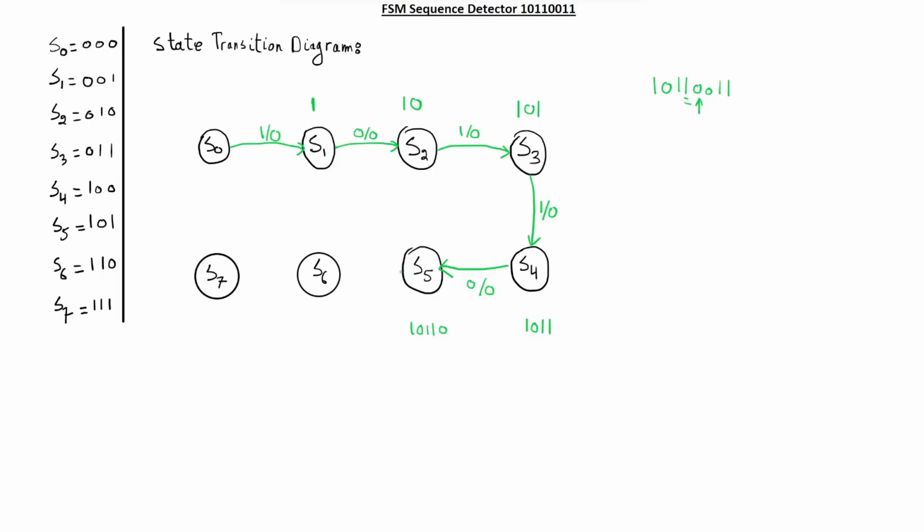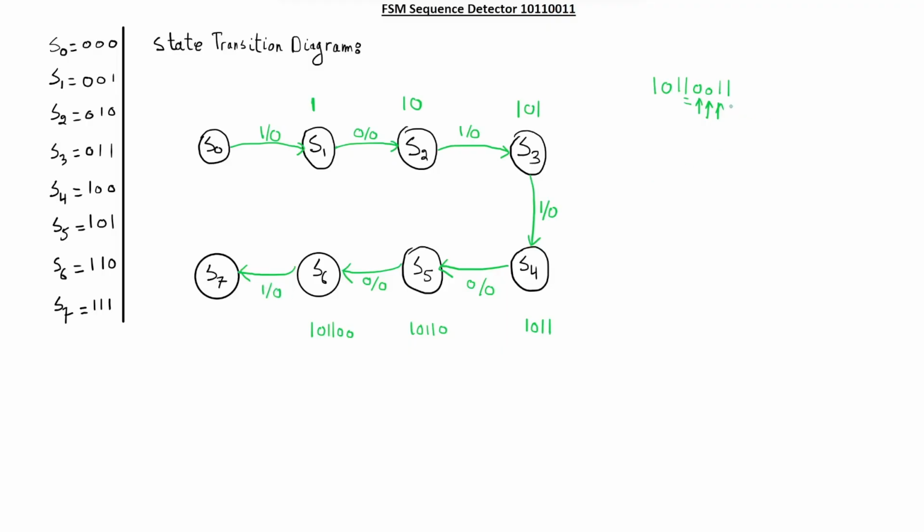From S5 to S6, if we enter another 0, the output is 0. Then at S6, we detected 1, 0, 1, 1, 0, 0. At S6, if we enter 1, we go to the next state, S7. That's 1, the output is 0.